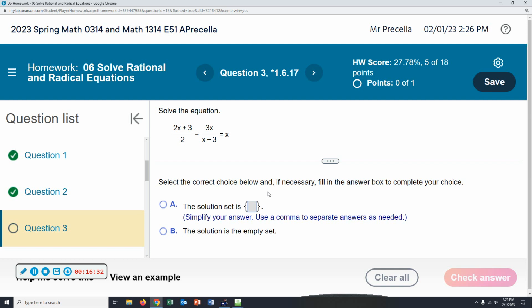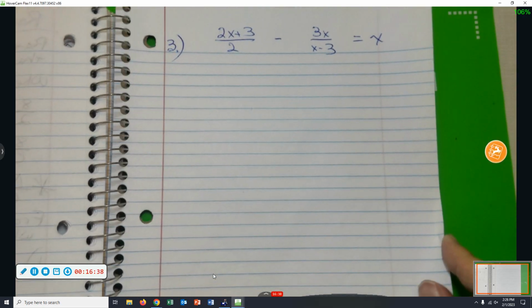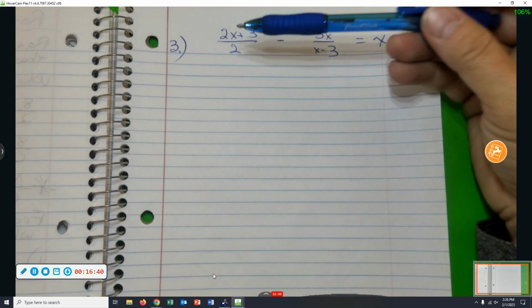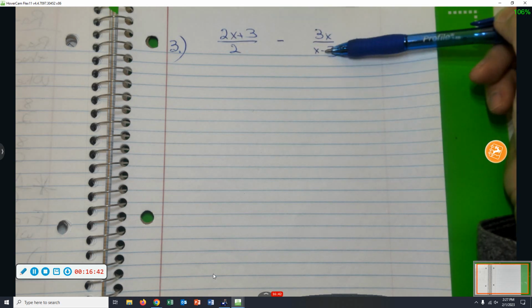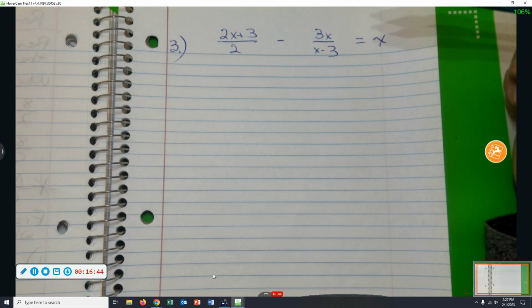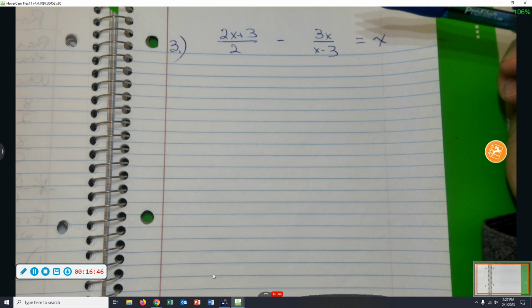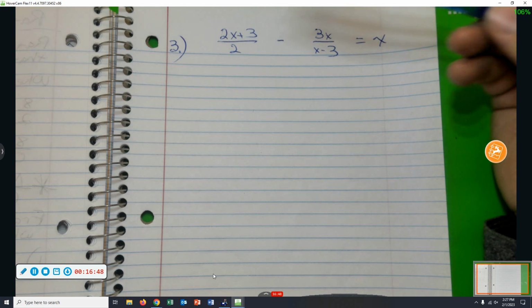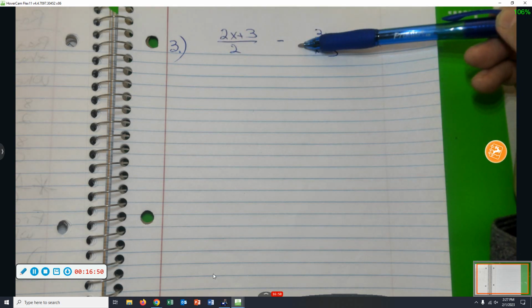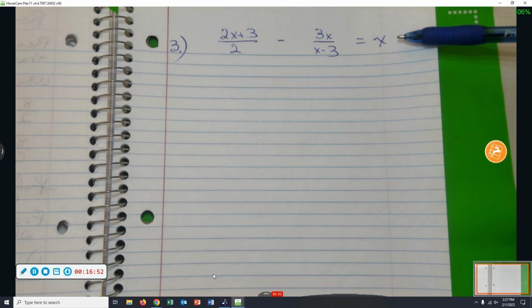Notice how I wrote the fractions spread out, because we're going to be multiplying through to get rid of the fractions. I'll be putting something there, and over here.